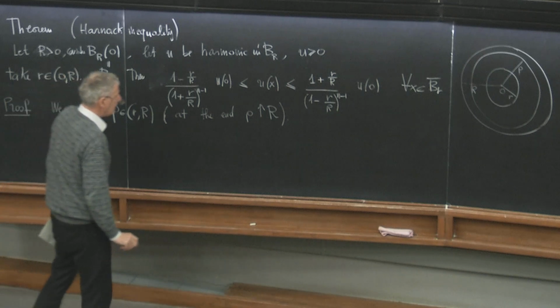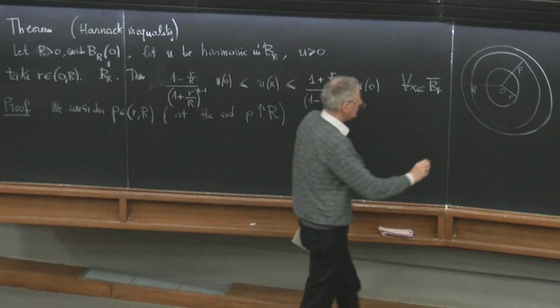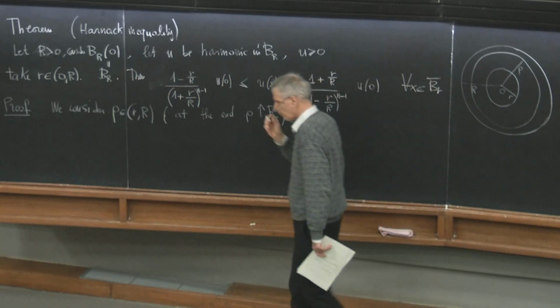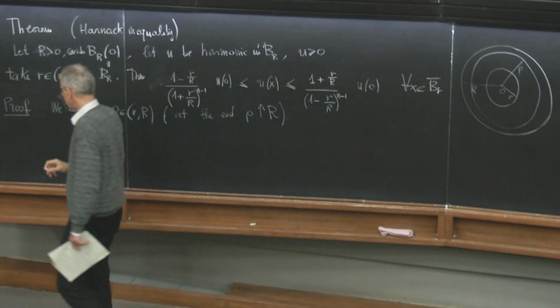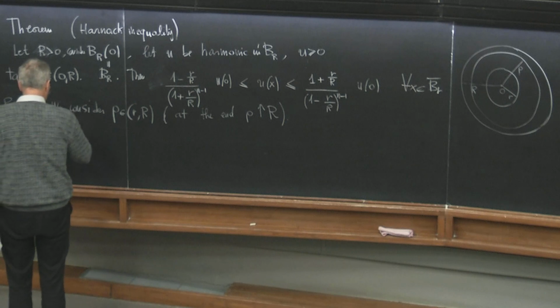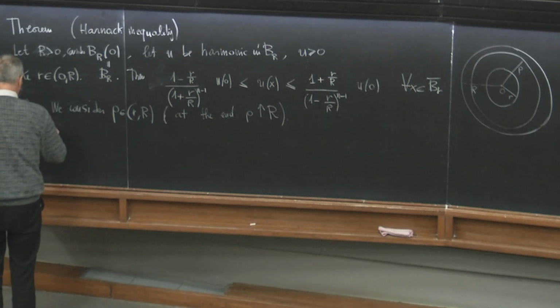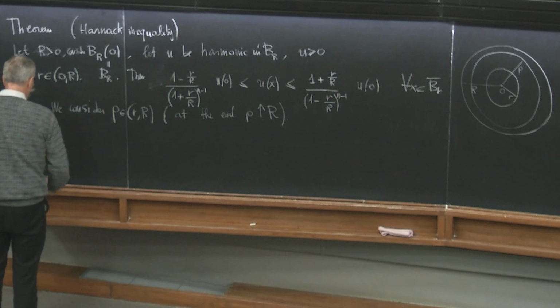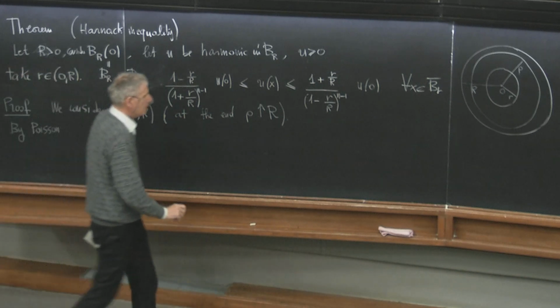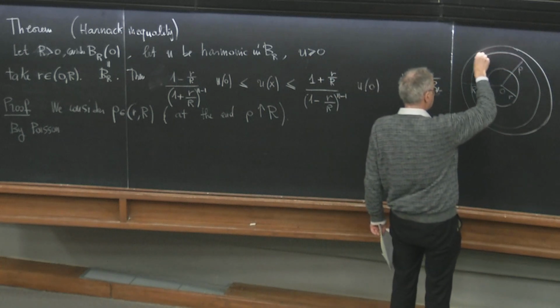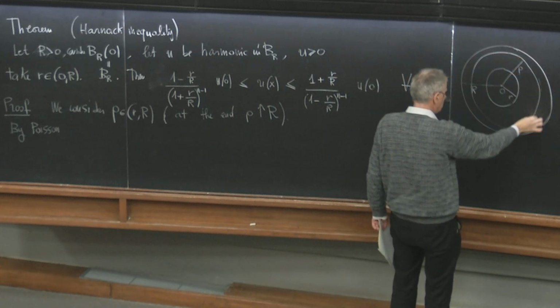Okay, we start the estimate, as we said yesterday, by writing the Poisson integral formula, averaging over this intermediate ball.